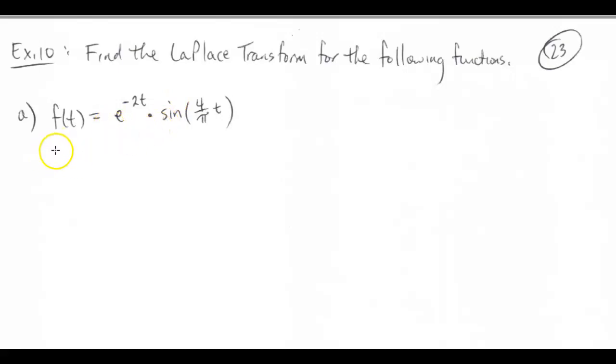Right off the bat, we notice that we have the Laplace transform of something that looks like this. And if you remember, anytime we took the Laplace transform of a function multiplied by e raised to the negative alpha t, that was just going to be a horizontal shift in the s domain.